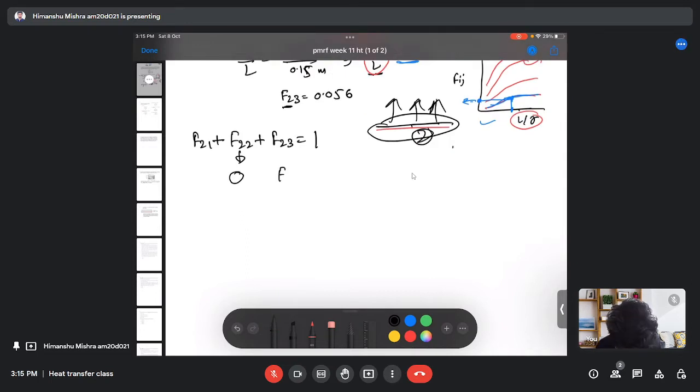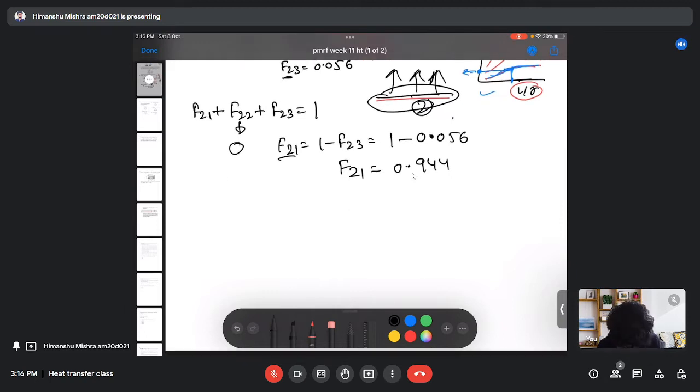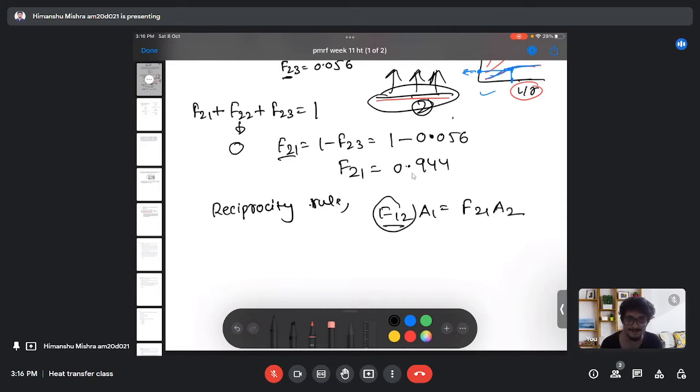Which means I can actually get the view factor F21. My view factor F21 is 0.944. Now we will use the reciprocity theorem to find the view factor F12.